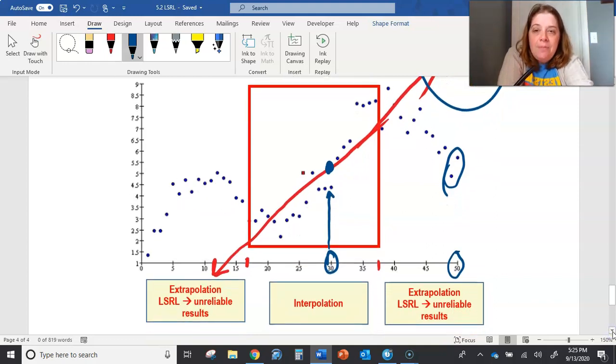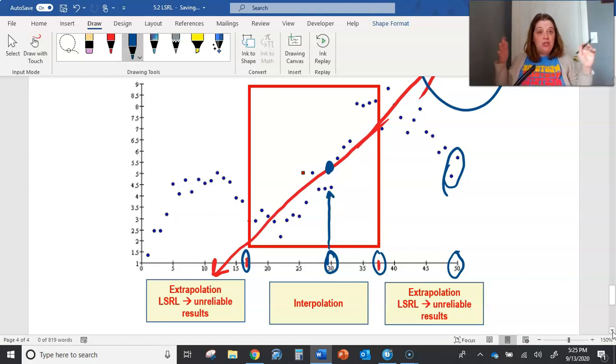Extrapolation would be making predictions outside your smallest X, so in this case, smaller than 17 or larger than 37. If you're using extrapolation, you're trying to predict outside, and that gives you unreliable results. Interpolation, right here in between these two values, you're good to make predictions. Use the least squares regression line for predictions on that all day long, no problem. But outside, not a good idea.